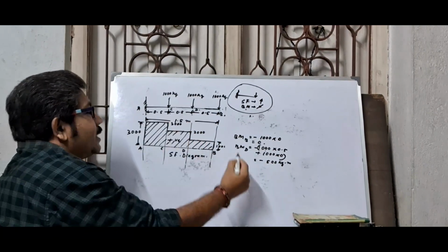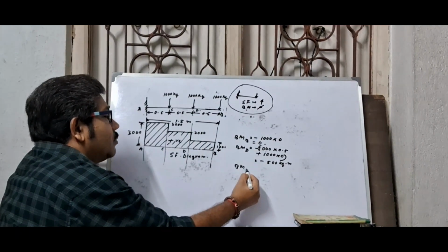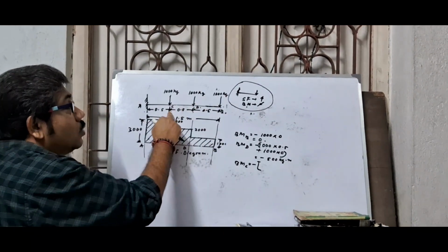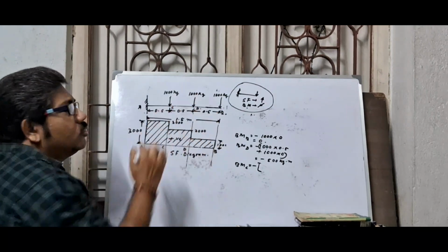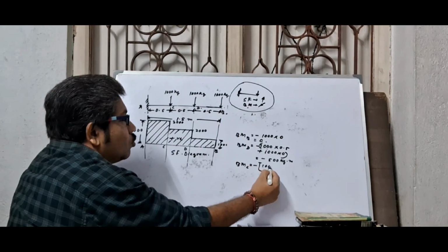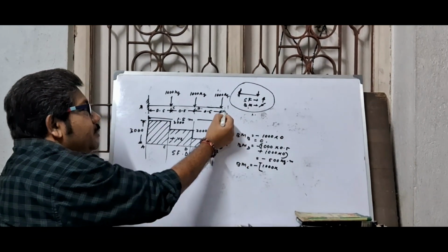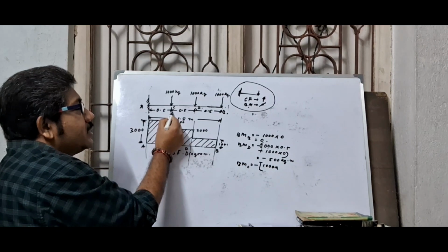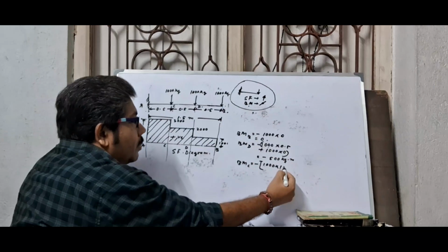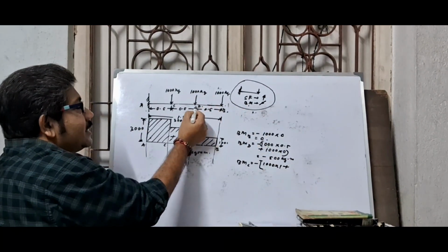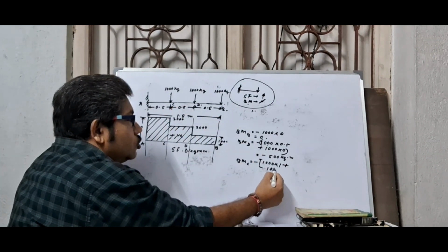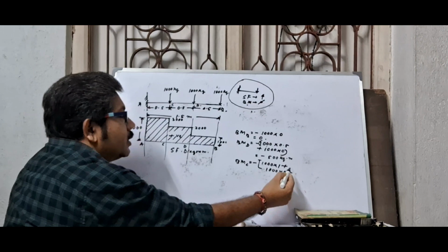So here this is minus 500 kg meter. Now BM at point C. First of all, minus. From free end up to C, all loads are to be considered. First, at point B, 1000 acting at point B and taking moment at point C, the distance is 1 for 1000 kg. Plus this 1000 kg acting at D, taking moment at point C, the distance is 0.5, so 1000 into 0.5.